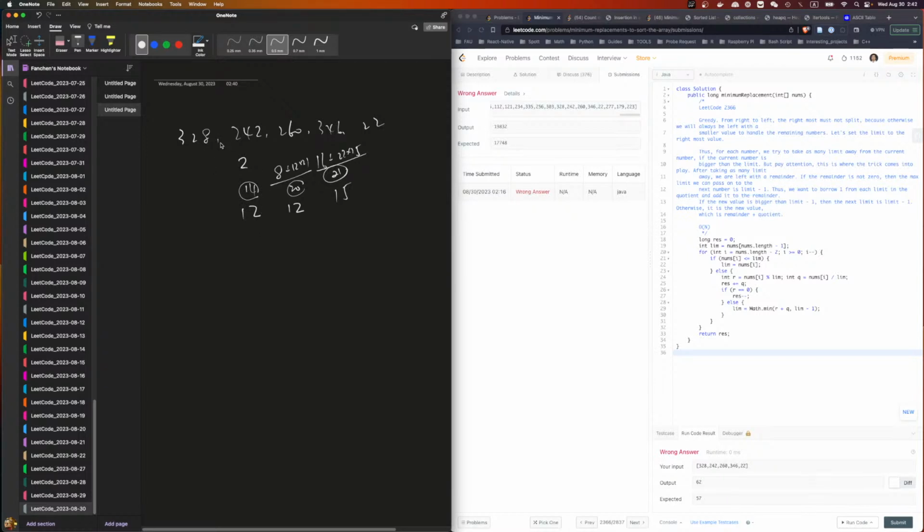And last one, 328 divided by 14. Doesn't matter, this one will give me 23. So here's my answer, 23 plus 12 plus 12 plus 15. 62, expected 57, okay.